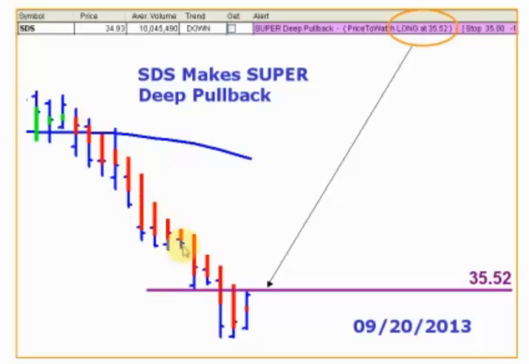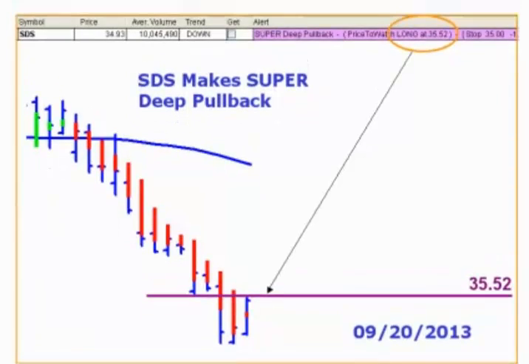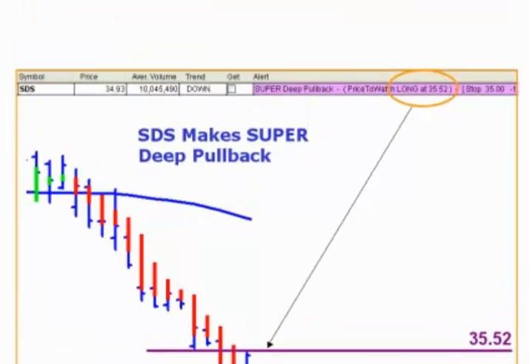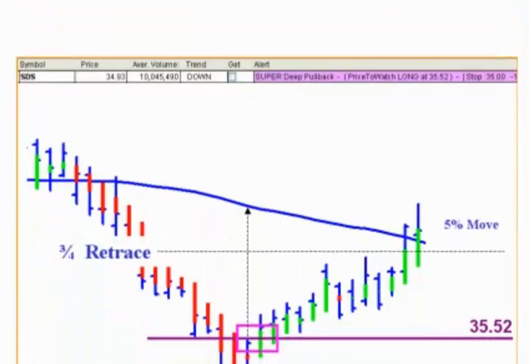That was the market going up and getting ready to come back down, right? And so here was the SDS setting up as a deep pullback, and there's the trigger, 35.52, and you can see it filled and went all the way back to the 75, and that was like a 5% move on that.